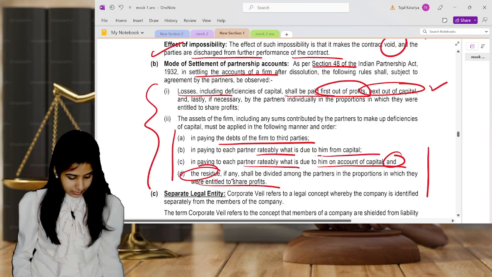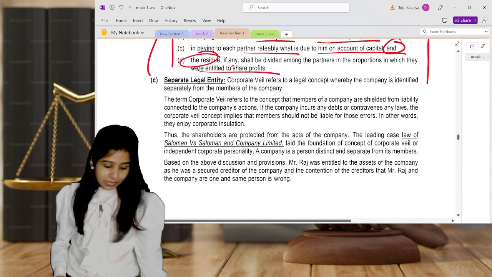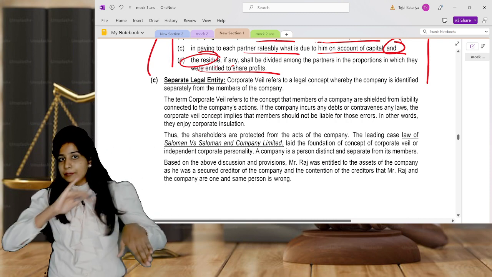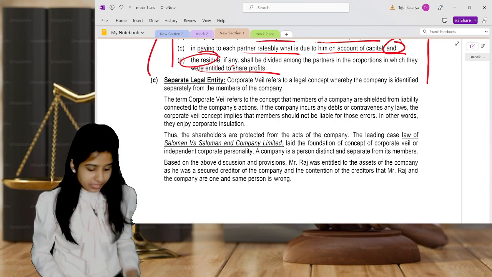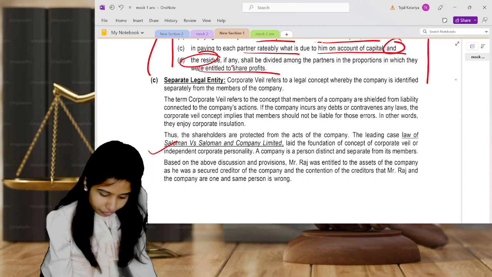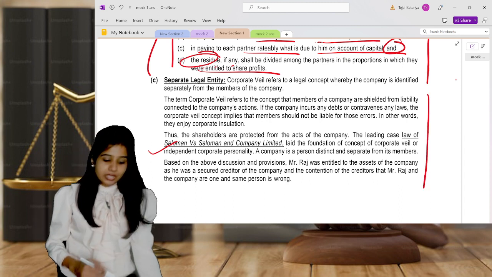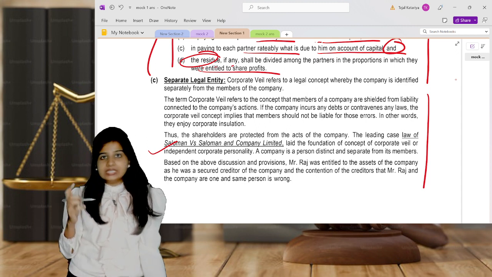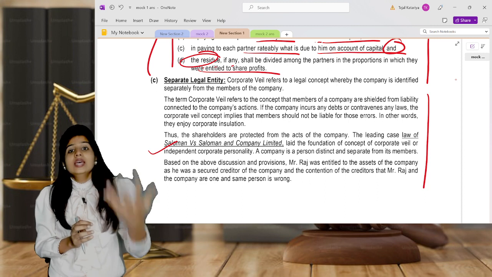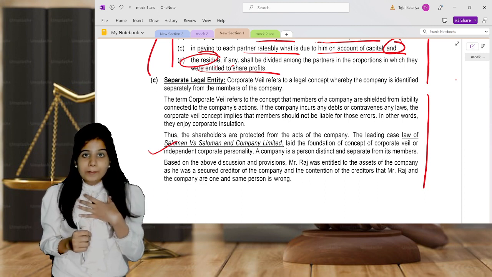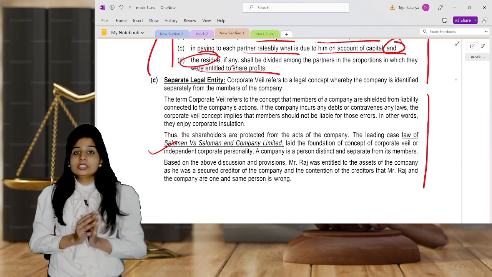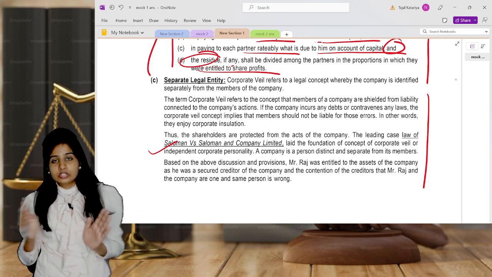Now what will happen? Understand. First of all, this is the separate legal entity case. You're supposed to understand that members are different and the company is different. This is the famous case law of Salomon v. Salomon and Company Limited. Whenever you are paying off the debts of the company, you should check, lifting the corporate veil, whether they are paying to the members in the capacity of a member, or in the capacity of a creditor, an outside party.